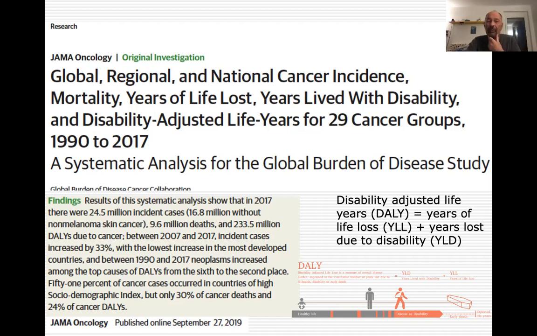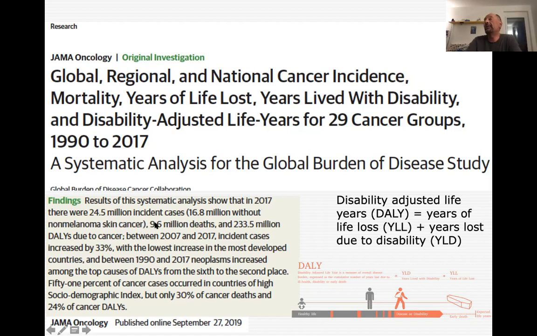So in terms of numbers, in 2017 worldwide, there were 24.5 million cases, reduced to 17 million if you take out the skin cancers, and about 10 million deaths.